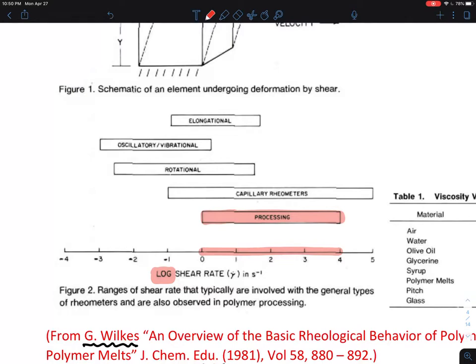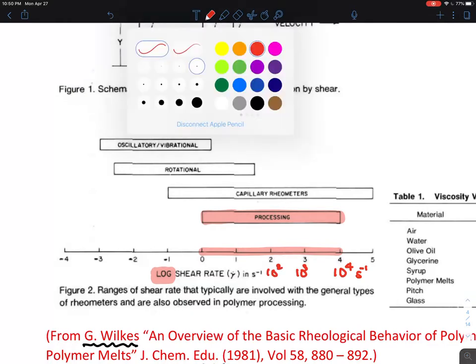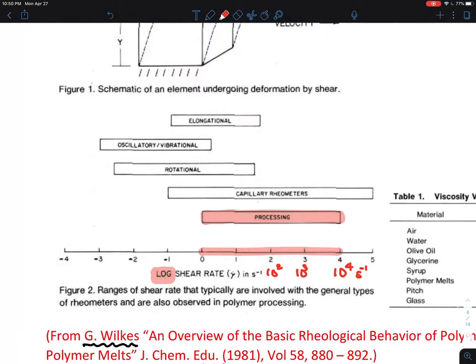So what that means is here is 10 to the 4th per second, 10 to the 3rd per second, 10 to the 2nd per second. That's a very fast rate. And there's a type of rheological instrument called the capillary rheometer, and this is essentially pushing the polymer through a nozzle.